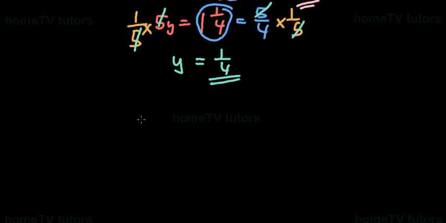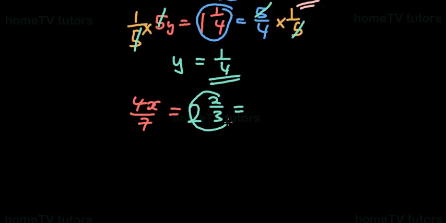So now if we have 4x over 7 equals 2 whole number 2 over 3. We convert the mixed fraction to an improper fraction. 3 times 2, 6, 6 plus 2, that is 8. So we have 8 over 3.